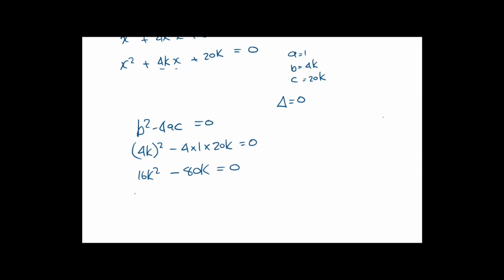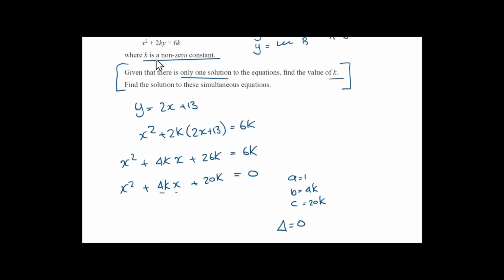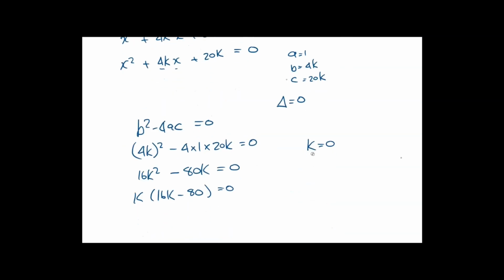We can factor out a k. So it tells us that k equals 0 is a possible solution. Or does it? And the answer is no. K is a non-zero constant. So that is not a solution. So therefore, 16k minus 80 equals 0 is going to be what tells us our answer.